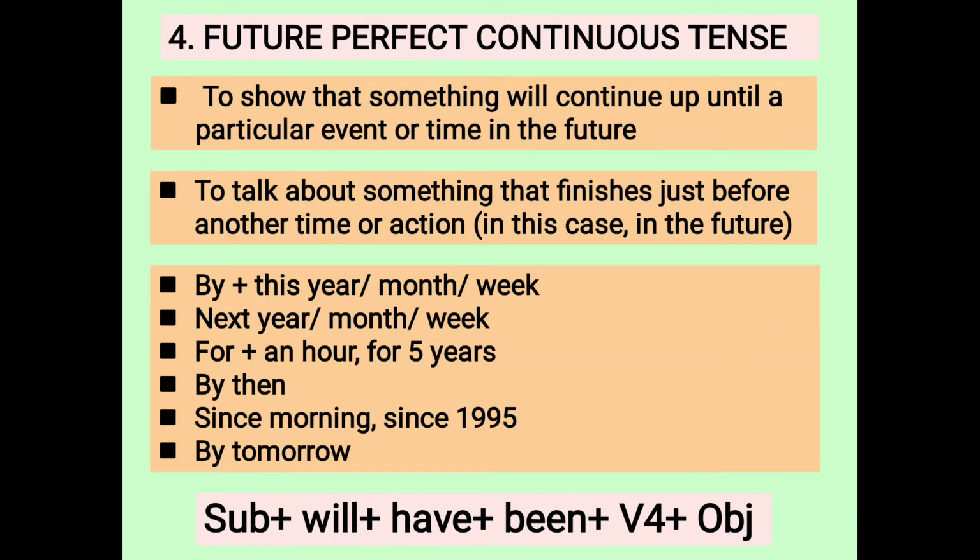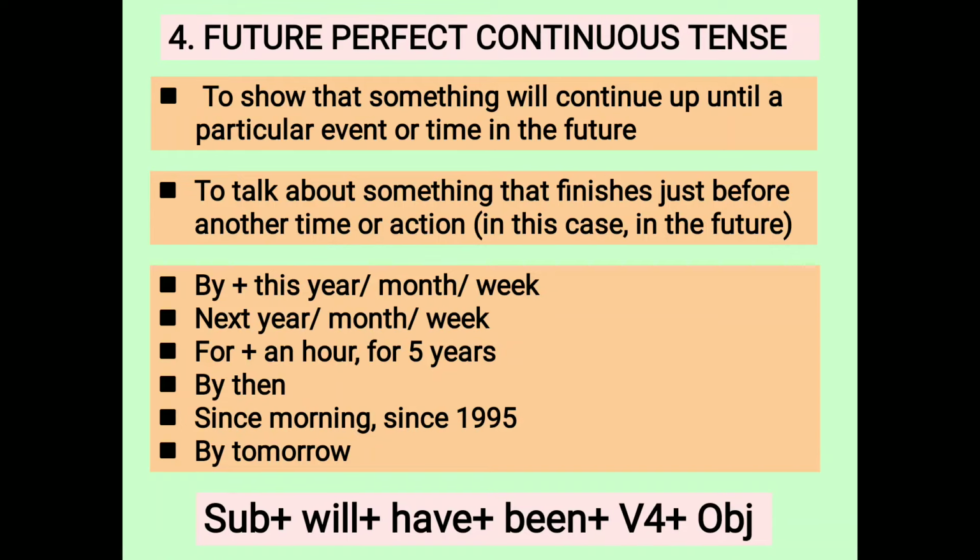This is also another time expression which shows that we have to use future perfect continuous tense. Then since morning, since 1995, since last Wednesday. Next, by tomorrow. So these are some of the time expressions which use future perfect continuous tense.